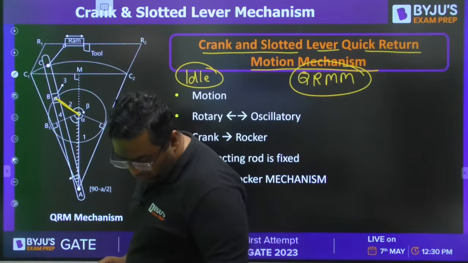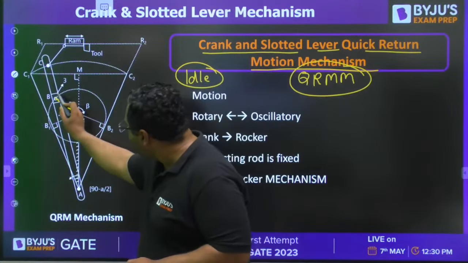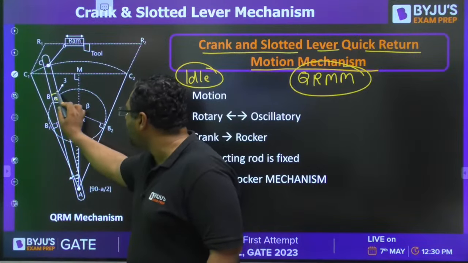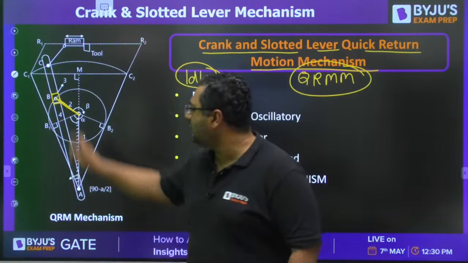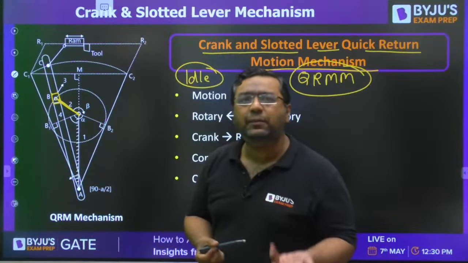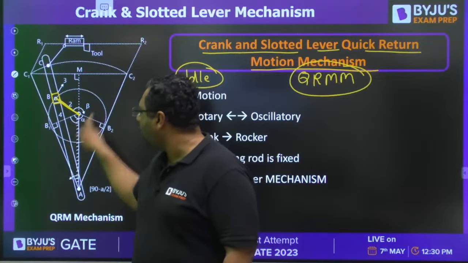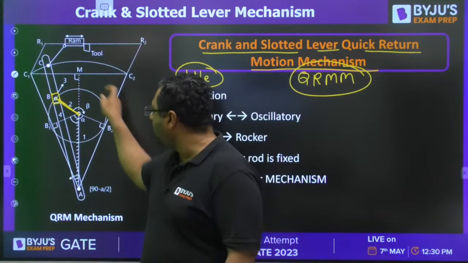And when this link is going to rotate in this circle, we have kept a slider over this link. So when we are keeping slider over this link, this slider will be rotating in this circle. Okay. And why it will be rotating? Because we are going to provide a motor here. That motor will rotate the link, because of which this link will be rotating in the circle. This slider will rotate in the circle.